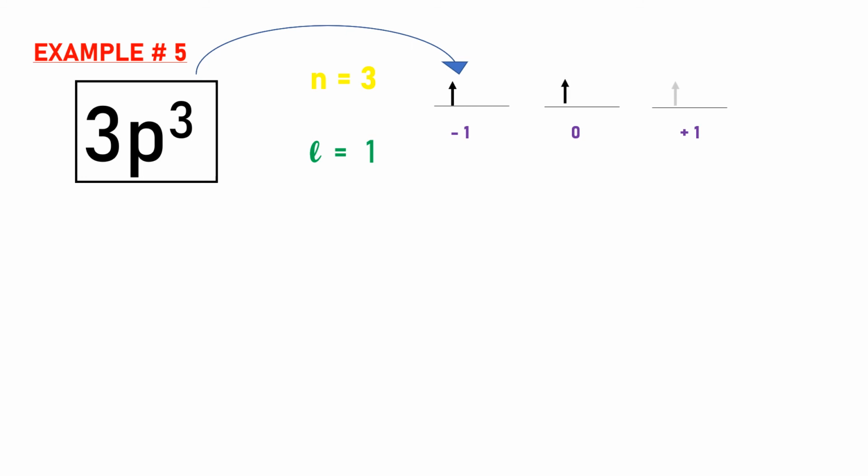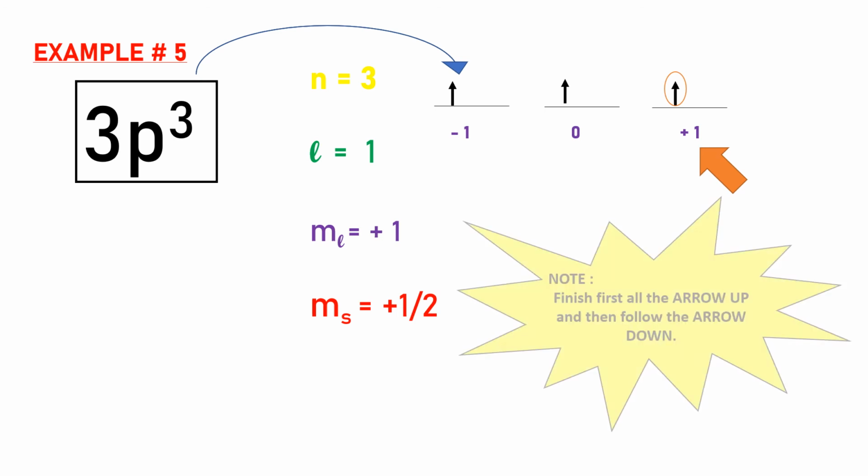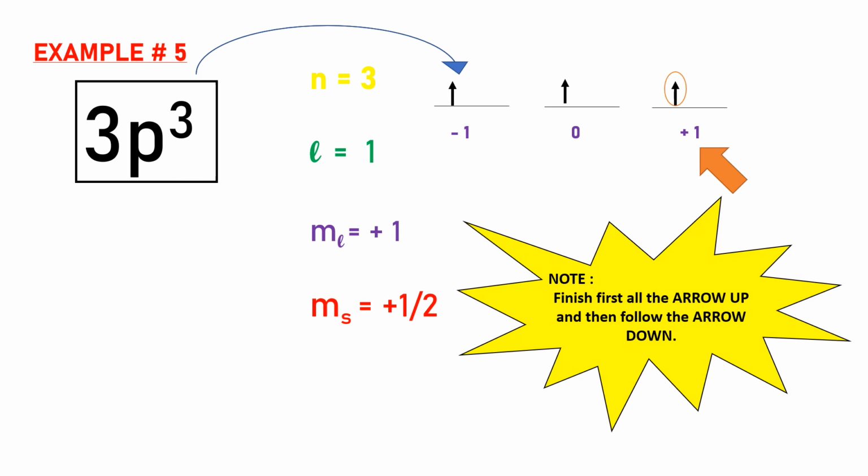So 1, 2, 3. Since your last arrow stops at +1, therefore your mL is +1, and the direction of the last arrow is going upward, so it is +1/2. So that's it. Let us have now the last example.